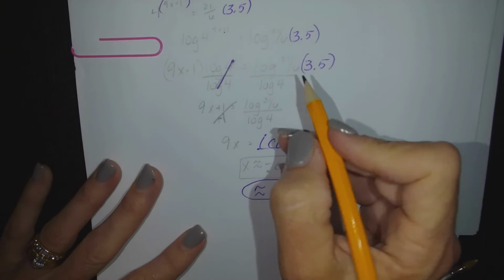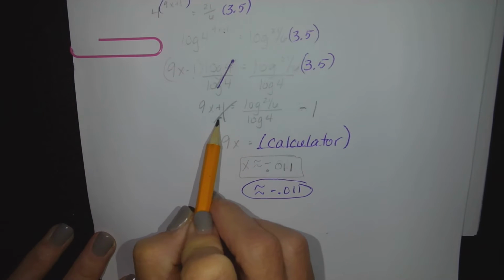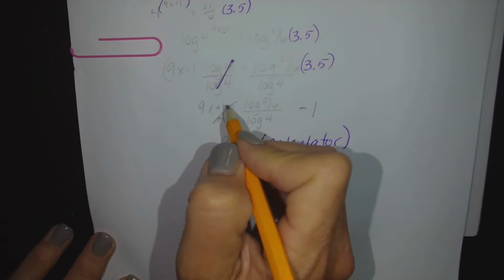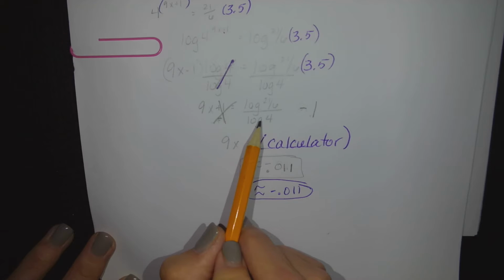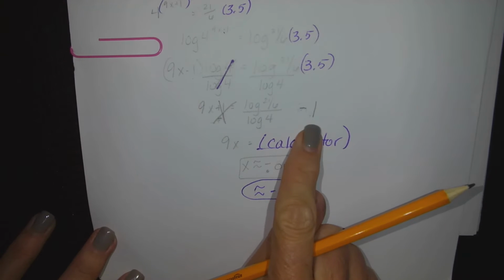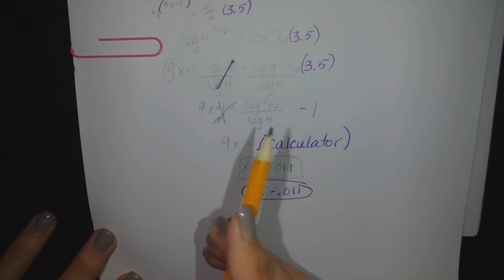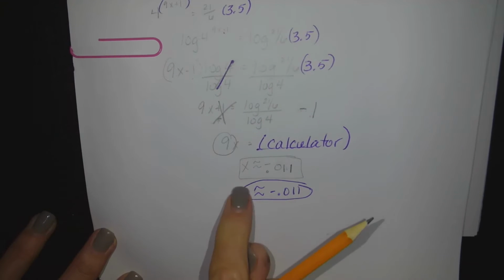Let me write that a little neater. Subtract 1. Subtracting 1 here, you got to do it on the same side. And I put this in the calculator. I left it. Then I subtracted 1. Kept it in my calculator. Then I divided by what number? 9. And you get this.